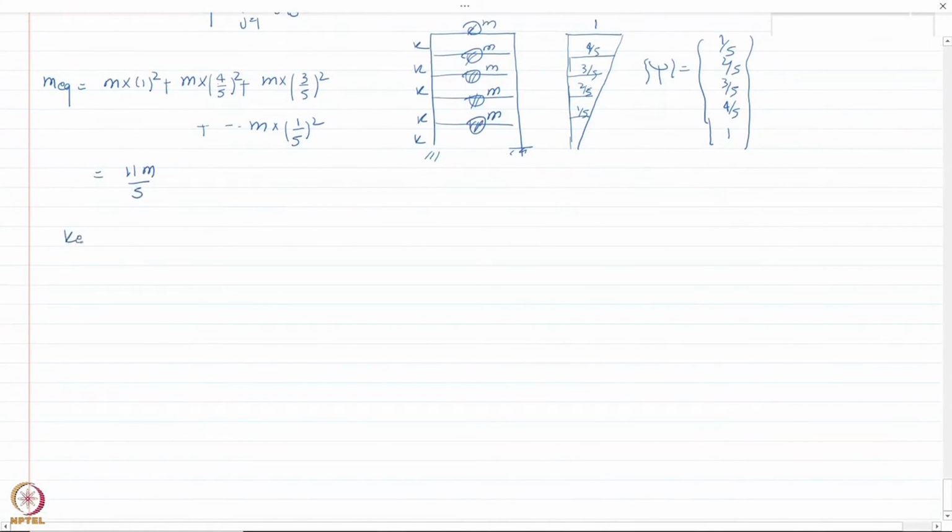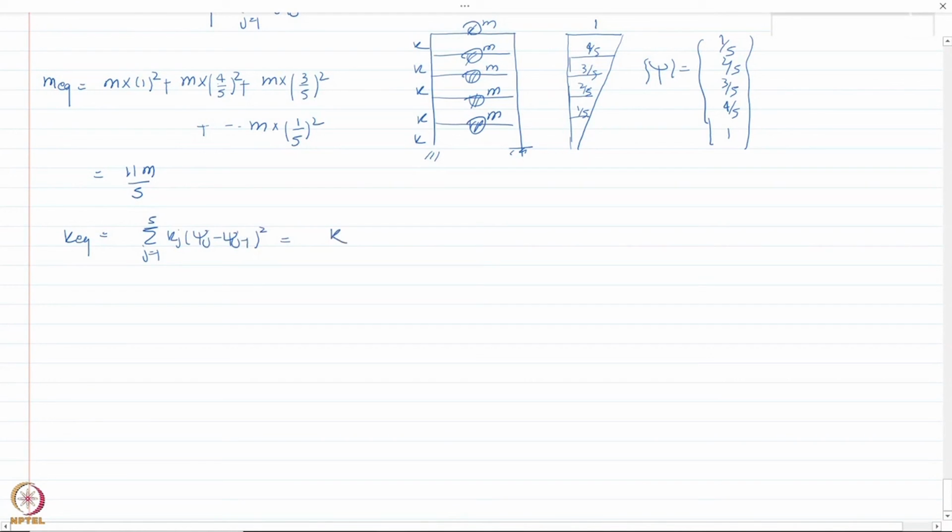Similarly, k equivalent I can write as the sum over j equal to 1 to 5 of kj times phi j minus phi j minus 1, squared.